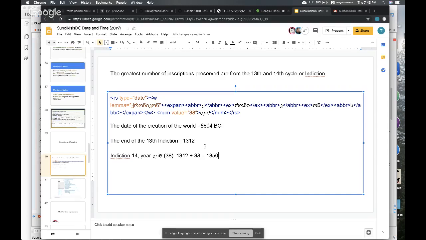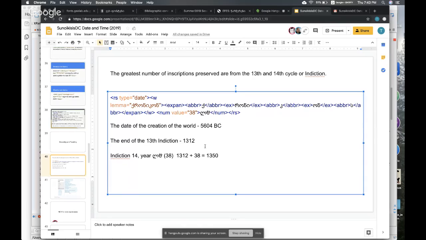And we can guess here that it is Indiction 14 and year Le, which is numerical, it equals 38. And we add to the end of the 13th Indiction the number of the years and get the exact date of the creation of this building inscription.